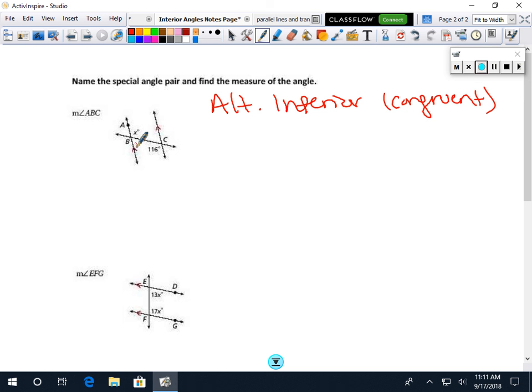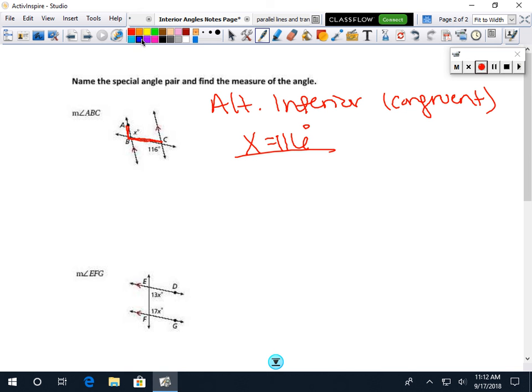So if this angle is 116, then x would also be 116. It's asking for the measure of angle ABC, which is angle x. So I've already answered that question.